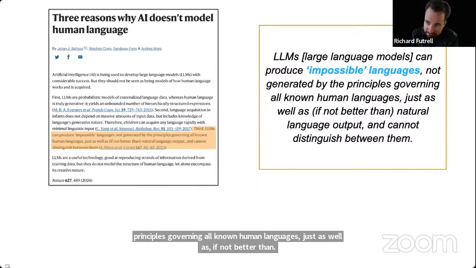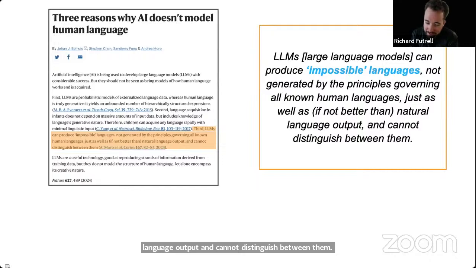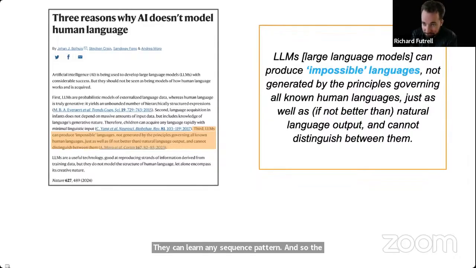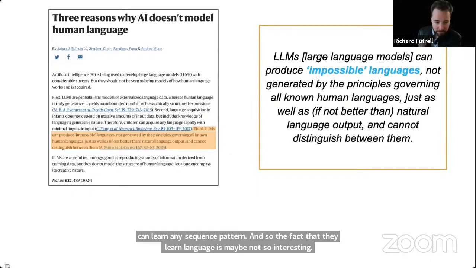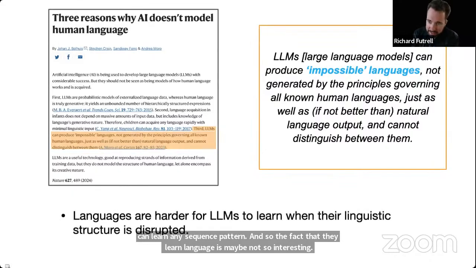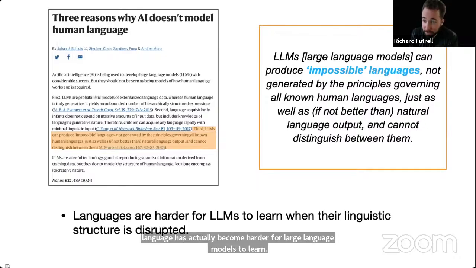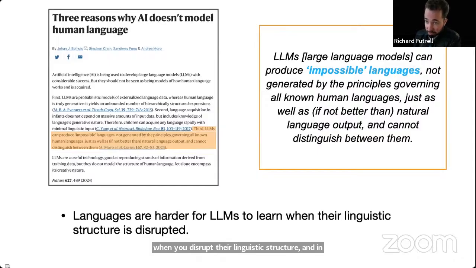So the claim is that language models can learn anything, basically. They can learn any sequence pattern. And so the fact that they learn language is maybe not so interesting. But we're going to show that this claim is actually not true. Languages actually become harder for large language models to learn when you disrupt their linguistic structure, and in particular, when you disrupt the local predictive structure that we've been discussing.